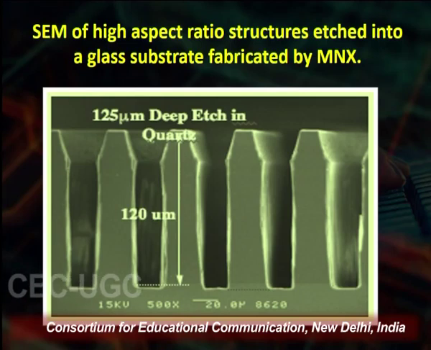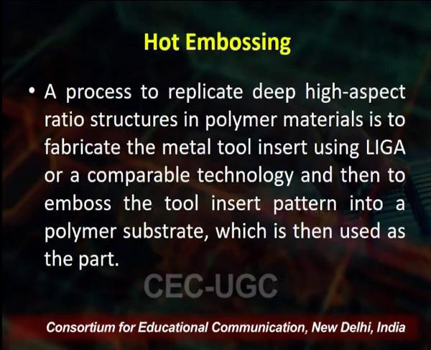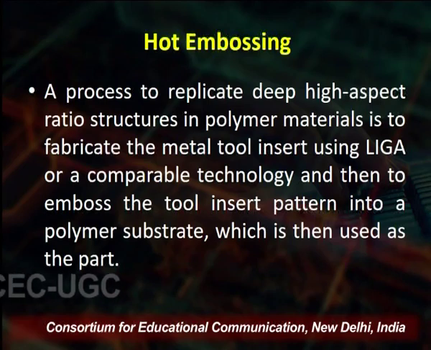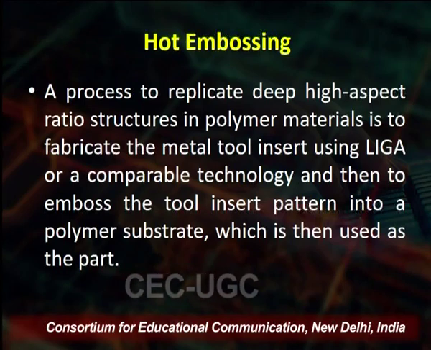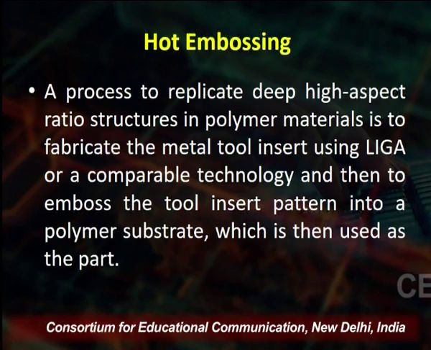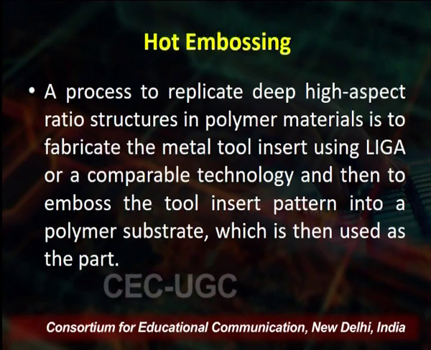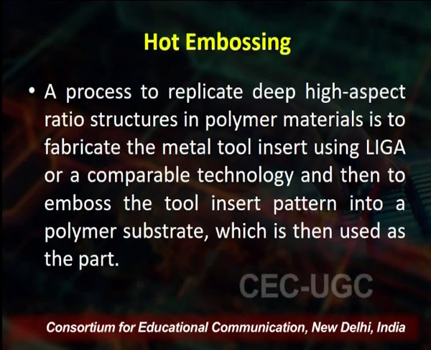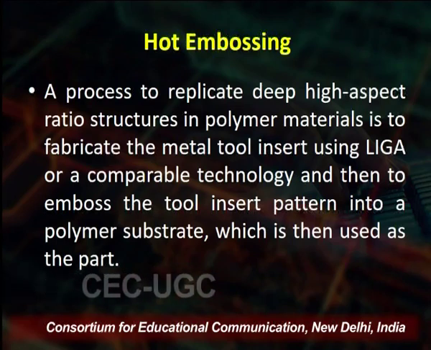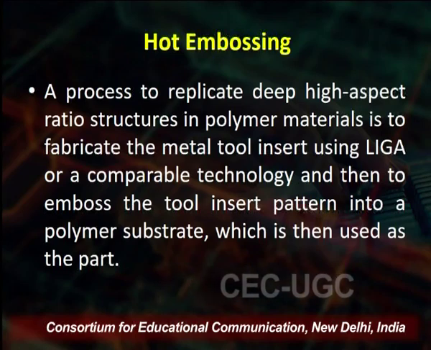Now another manufacturing technique is the hot embossing method, a process to replicate deep, high aspect ratio structures into a polymer material. It works by fabricating a metal tool insert using LIGA or a comparable technology, and then embossing the tool insert pattern into a polymer substrate, which is then used as a part.